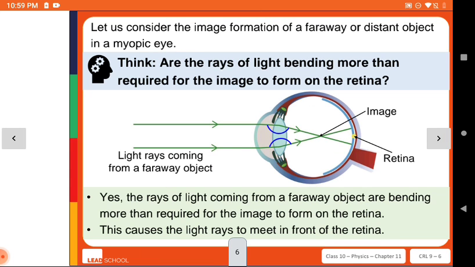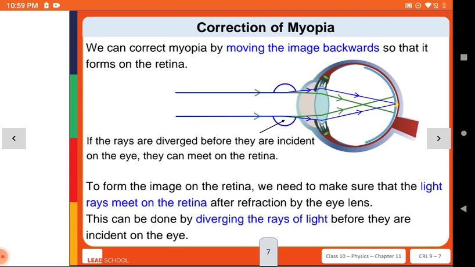So in this case I use a lens which diverges the rays of light and makes them focus on the retina. So we can correct myopia by moving the image backward.